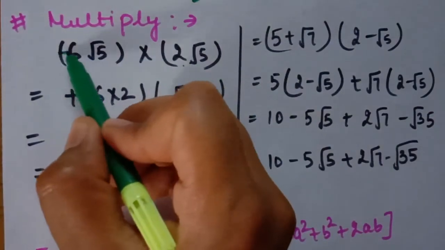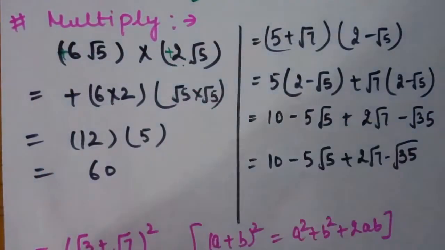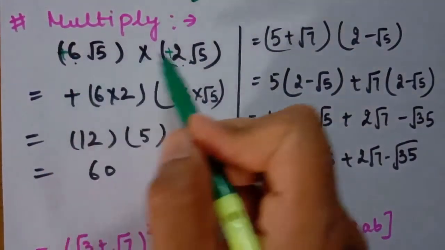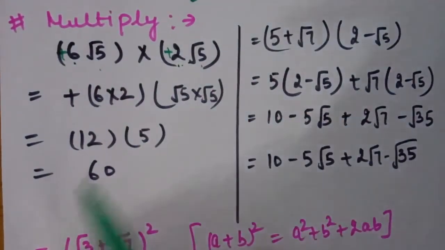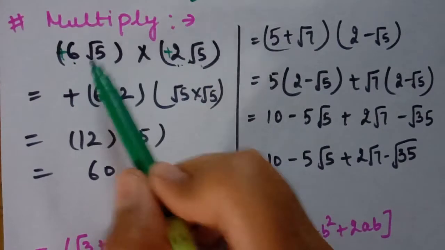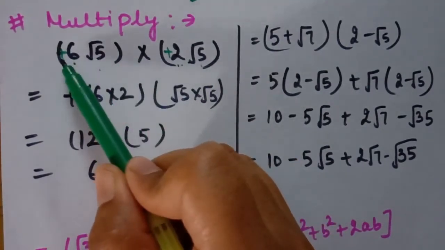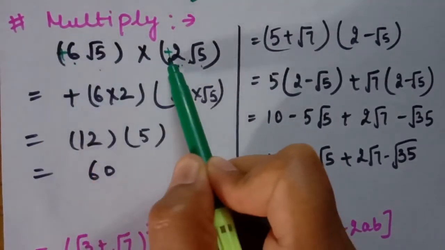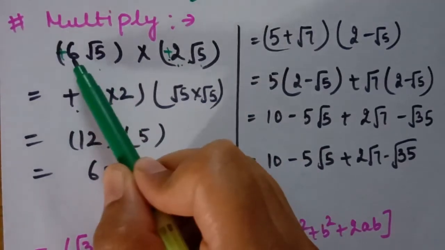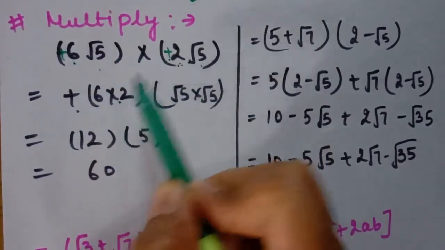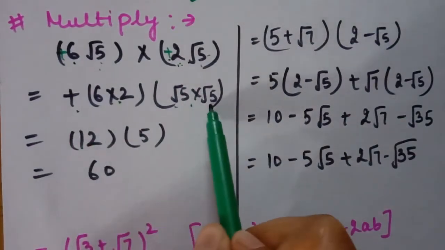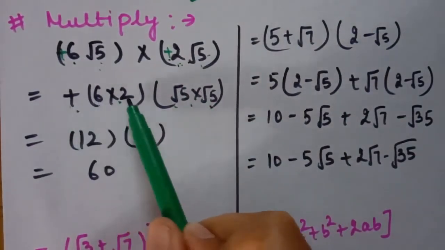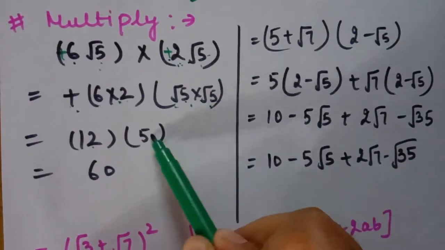First of all we have to multiply the sign, then we multiply the number, and at the last we multiply the roots. So in these two terms, first we multiply the sign, plus into plus is plus, then the numbers, 6 2s are 12, then root 5 into root 5 is 5.